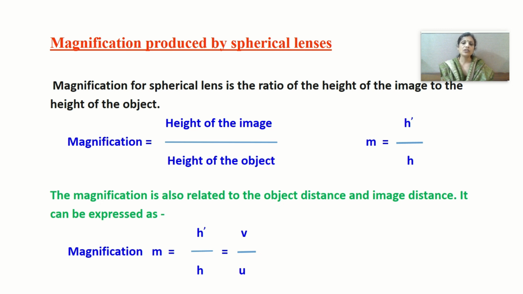Magnification is also related to object distance and image distance, and it can be expressed as m is equal to h dash upon h is equal to v upon u. Alright, the two formulas for mirrors and lens, you have to be very clear. Do not get confused with the positive or negative signs.